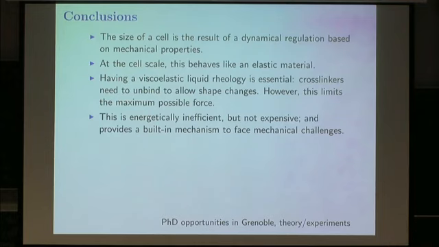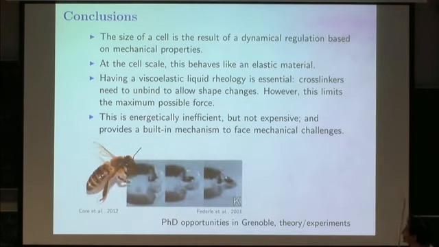Now, this is energetically inefficient, but not expensive compared to the metabolic cost, and that provides you a built-in way to face mechanical challenges. And then just a little teaser on the fact that the cell scale is not original in that respect. Many organisms have built some ways to react with material properties to mechanical challenges.